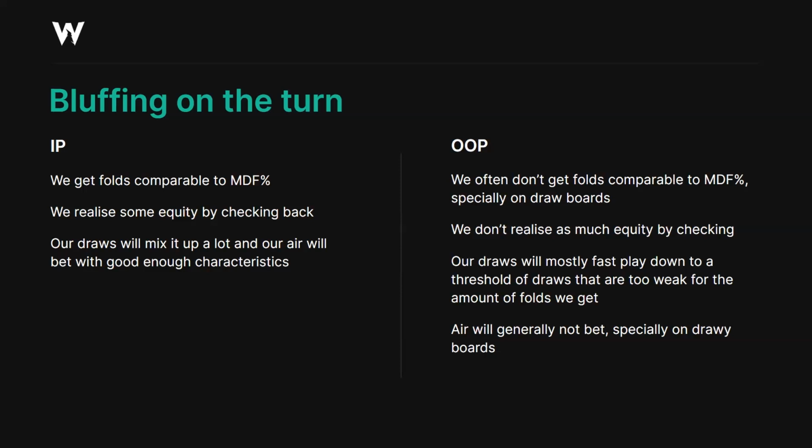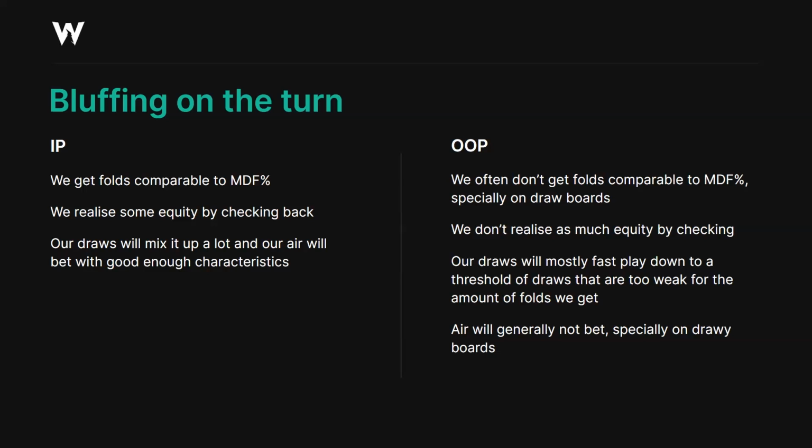Our draws will mostly fast play down to a certain threshold of draws that are too weak for the amount of folds we get. We said we don't really get a lot of folds. Therefore, to bet, we need some extra equity, right? So generally we fast play with draws, betting with that threshold of equity very often.